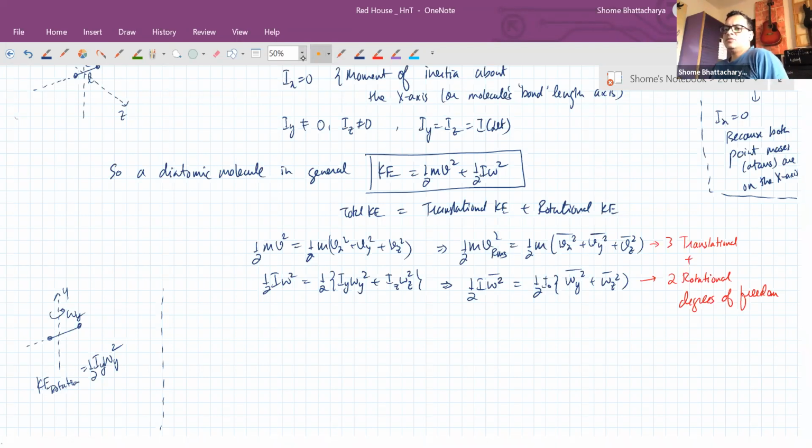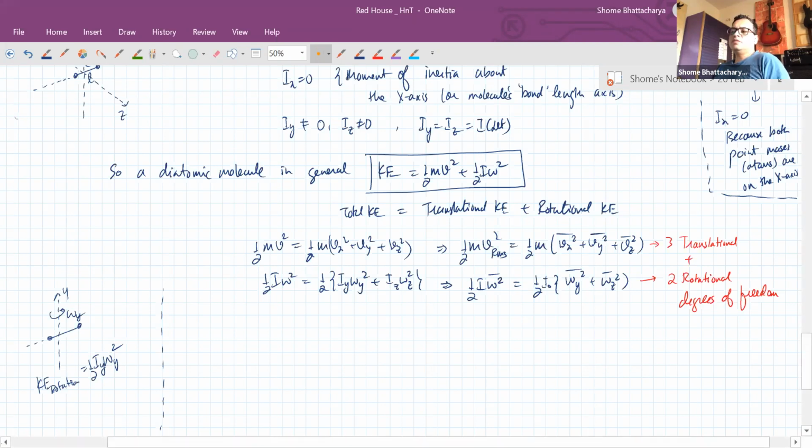Yeah, radius of gyration for a particle is its perpendicular distance from the axis of rotation. If a single particle is at a perpendicular distance r from the axis of rotation, so it's describing a circular path of radius r, then that particle's radius of gyration becomes r.